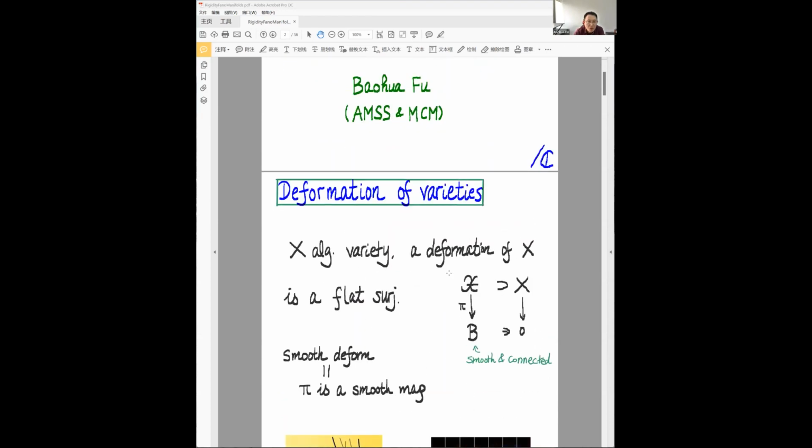Let me just briefly recall what a deformation of a variety is. In my talk, a deformation is just a flat surjective map from some variety capital X to some base B, with the central fiber being the given variety X. Usually we assume the base is smooth and connected.